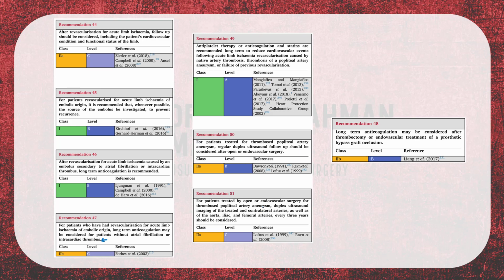Duplex ultrasound imaging of the treated and the contralateral arteries, as well as the aorta, iliac and femoral arteries, every 3 years should be considered. Long-term anticoagulation may be considered after thrombectomy or endovascular treatment of a prosthetic bypass graft occlusion.